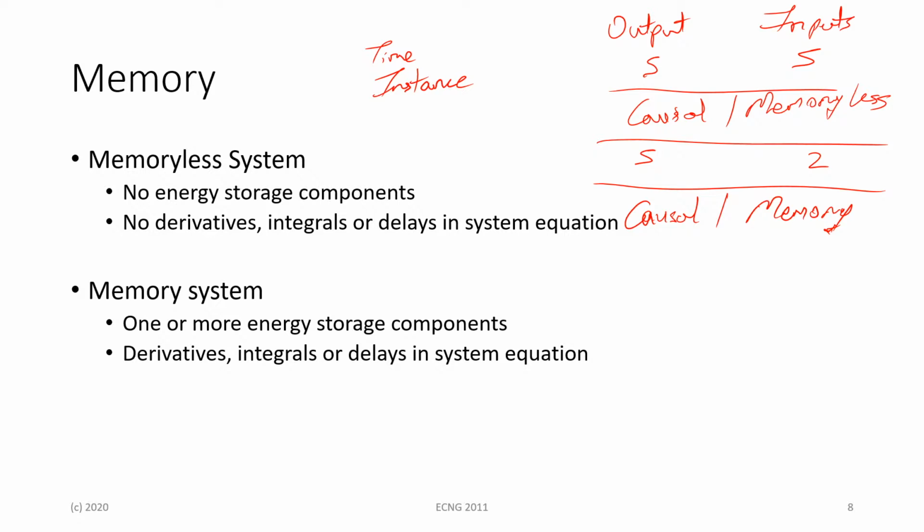And we saw in the previous slides that for any system to be causal, it needs to be either at the same time instance for both output and input, or the output depends on a past time instance value of the inputs.